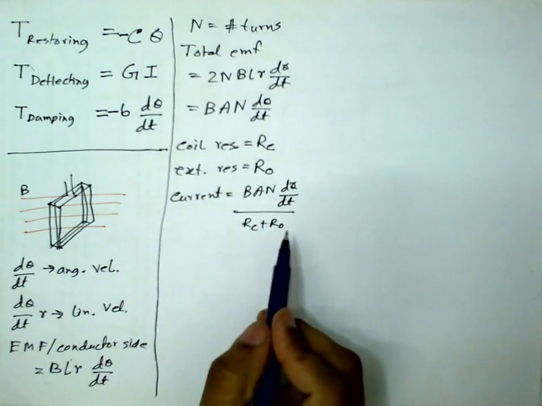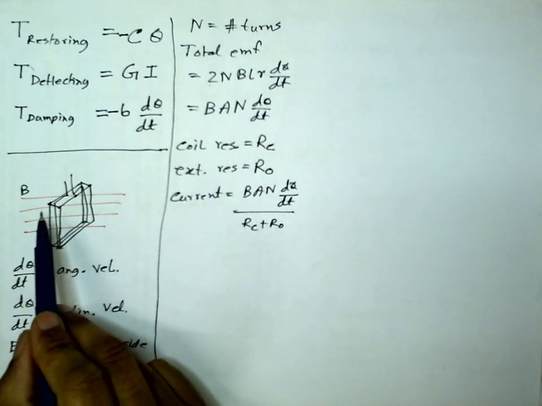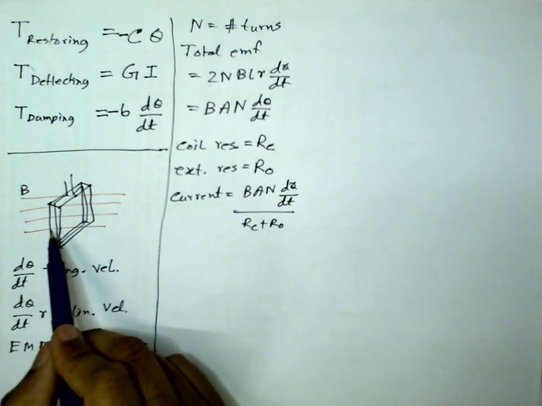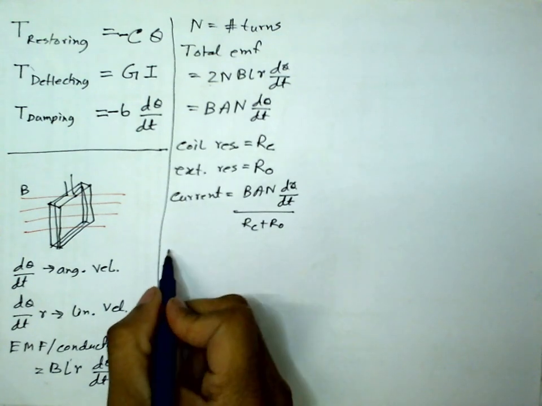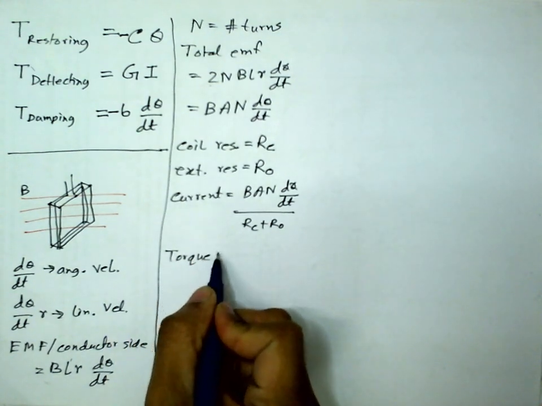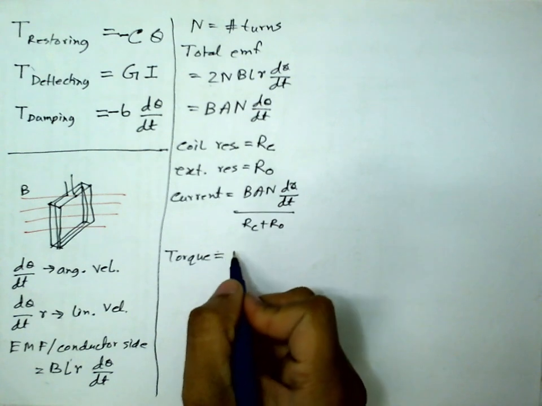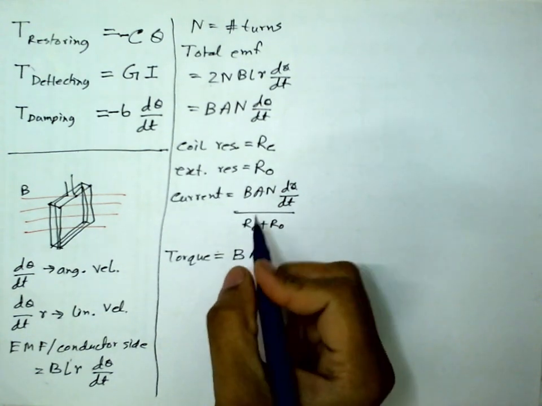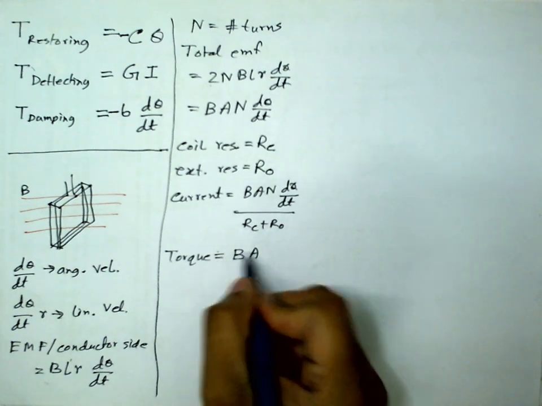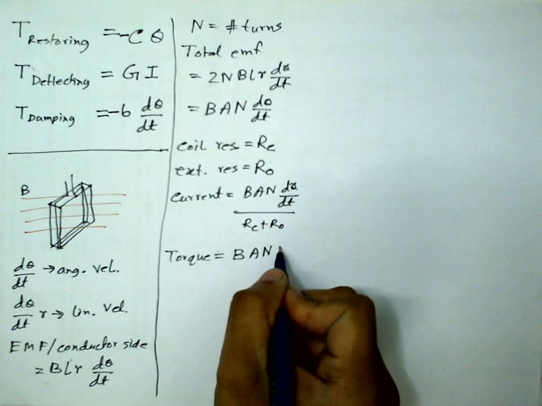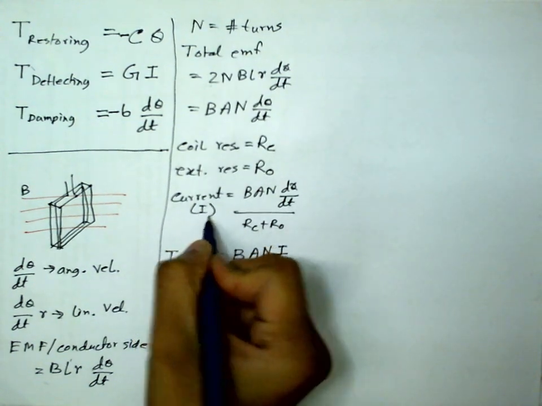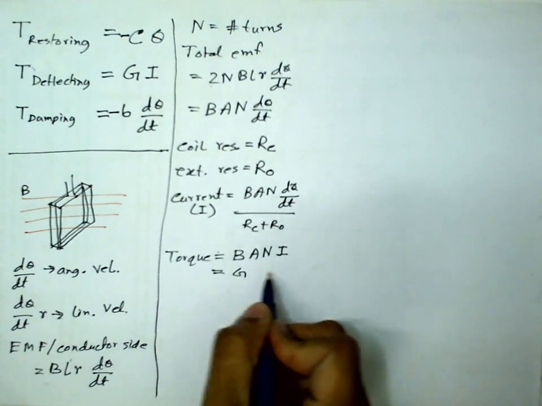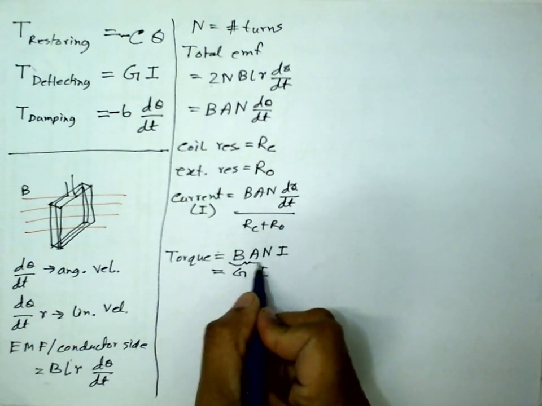And if this is the current, then this will again produce some torque which will oppose the motion of this coil. I'm not deriving this expression because we have done it several times. So torque is always BANI. Now I is this, and this is also equal to GI, where G is this.